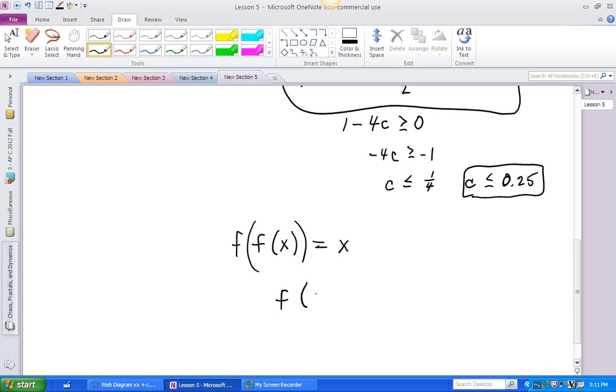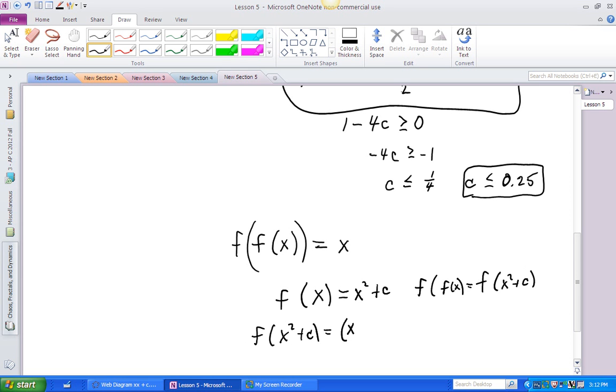f of x. Let's rewrite f of x as x squared plus c. So f of f of x will equal f of x squared plus c, and f of x squared plus c will equal the thing in parentheses, x squared plus c, squared plus c, and that has to equal x.